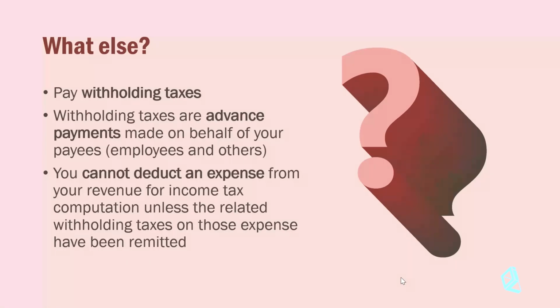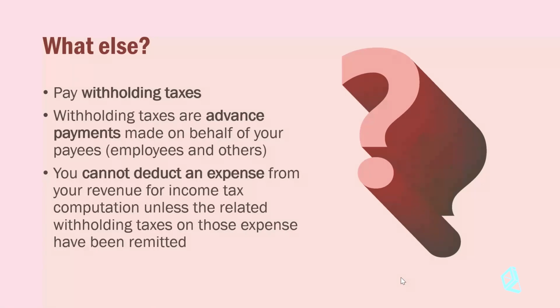The idea here is that we, as business taxpayers, are all required to withhold a certain amount of the income of our suppliers. And that amount should be paid in advance to the Bureau of Internal Revenue. I hope you got that.